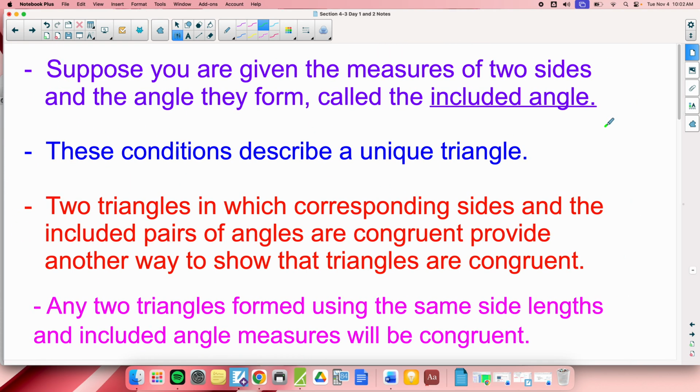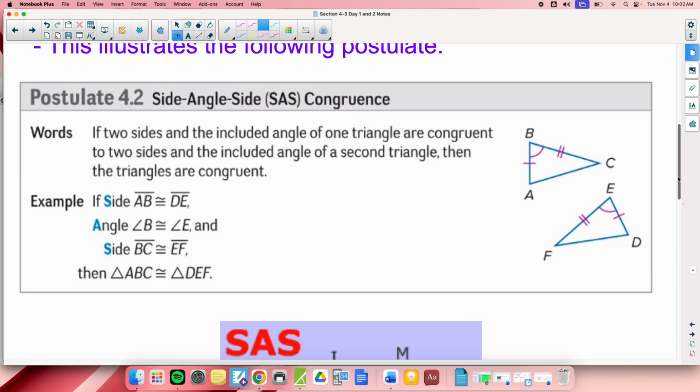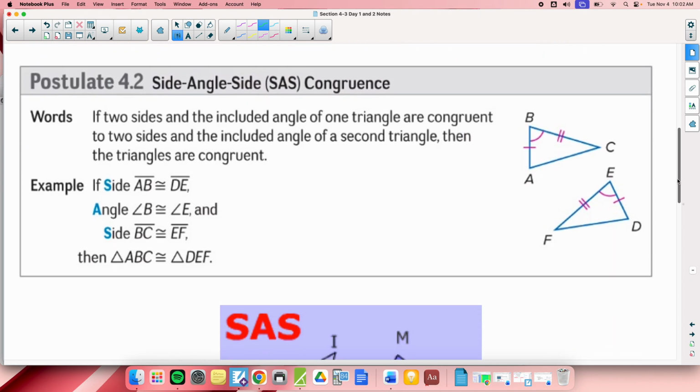So now, we're gonna learn a second way to show that two triangles are congruent. So far, we did side, side, side. Today, we're gonna do side, angle, side. Now, this is important.